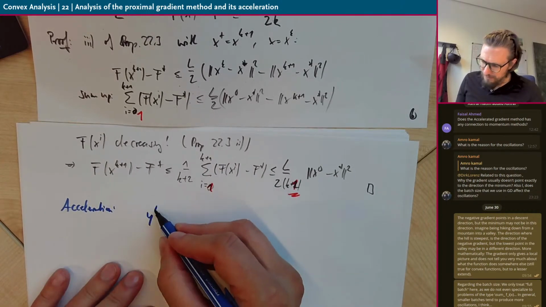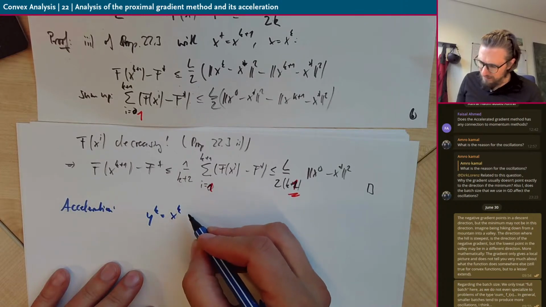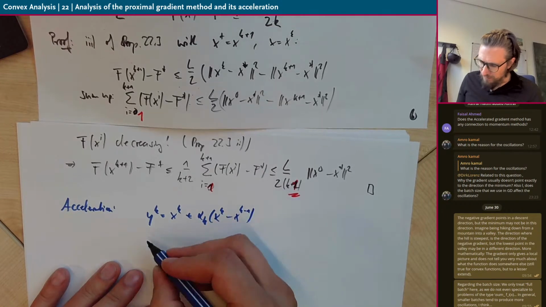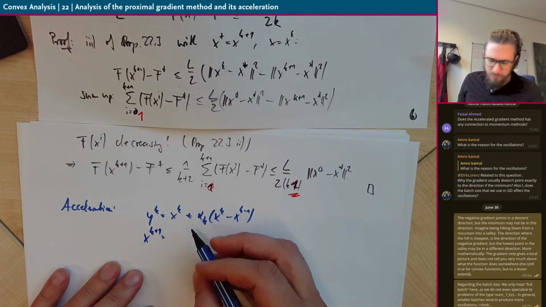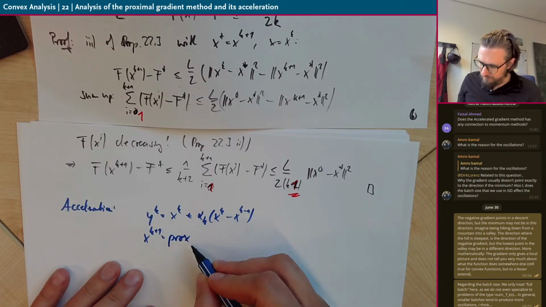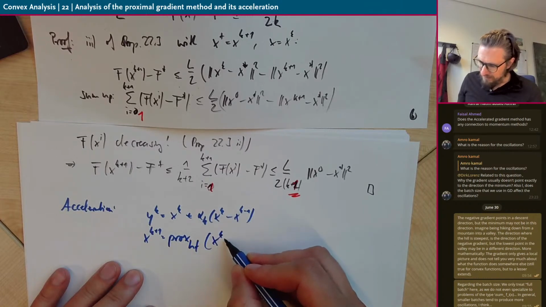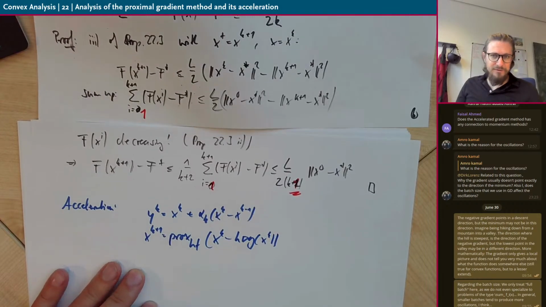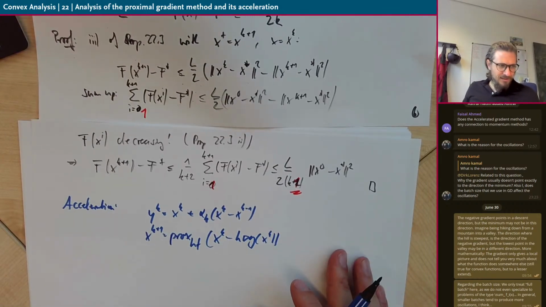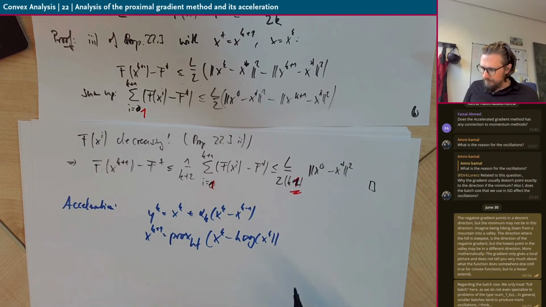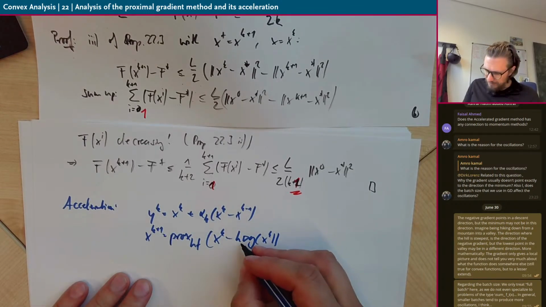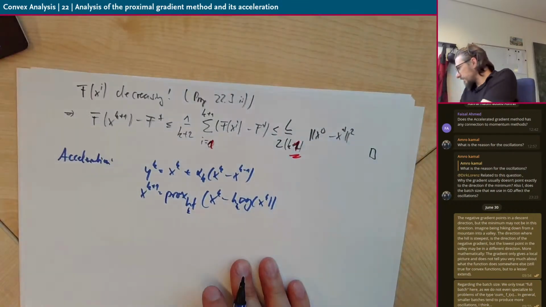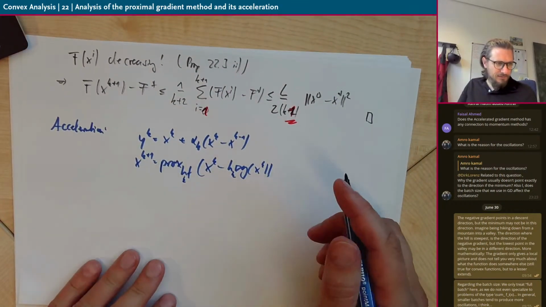So again, you do yk is xk plus alpha k times xk minus xk minus 1, and xk plus 1 is now the prox of h f applied to yk minus h gradient of g at yk. So it's exactly the same. And here, of course, you could use k here, but we don't do that in the proof, but you could. But it's a little harder to analyze.